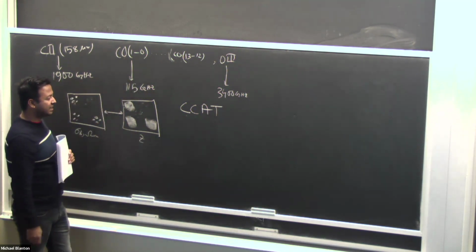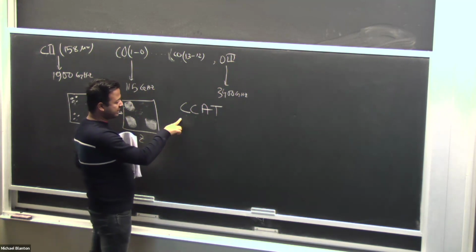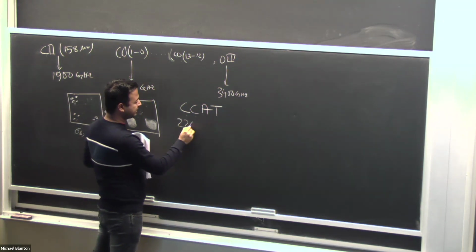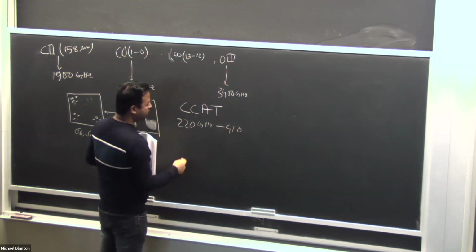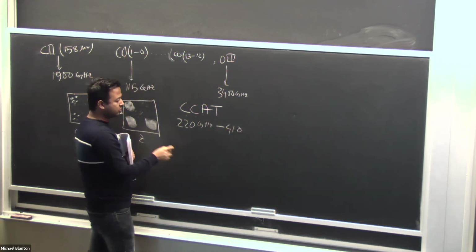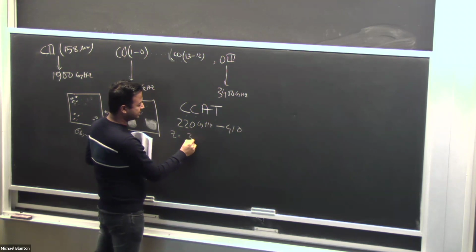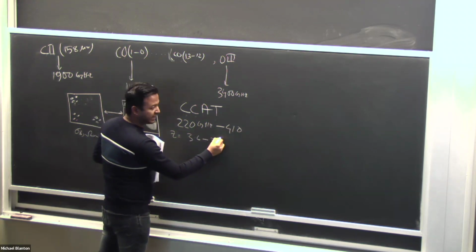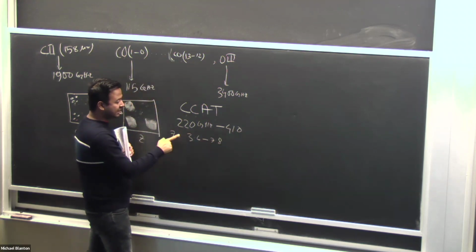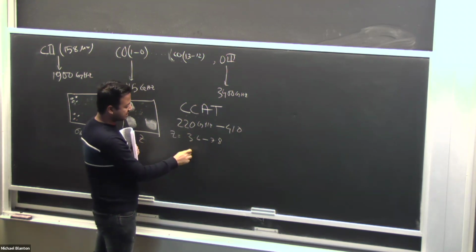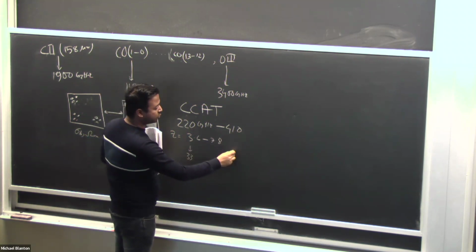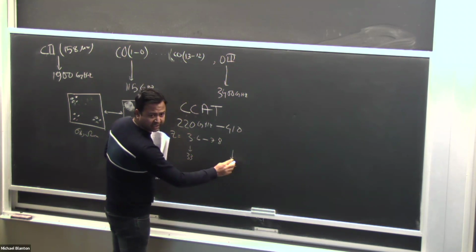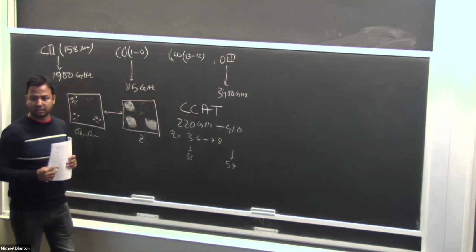It has a frequency range of 220 gigahertz to 410 gigahertz. If I want to observe C2, that will cover the redshift range 3.6 to 7.8. The resolution at 220 gigahertz is around 33 arcseconds, and at 410 it is 57, something like that. So it's a super nice question.